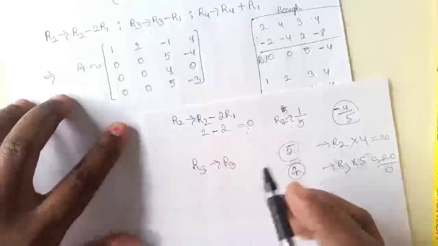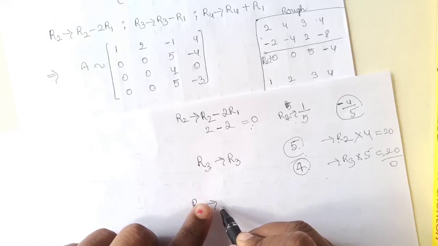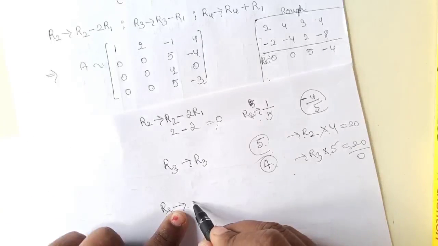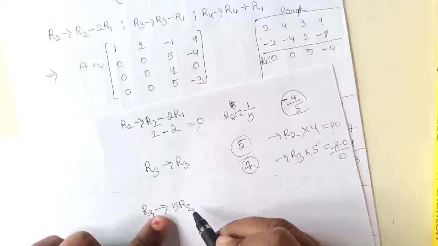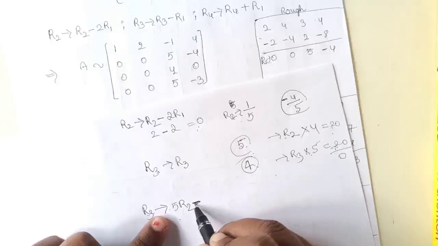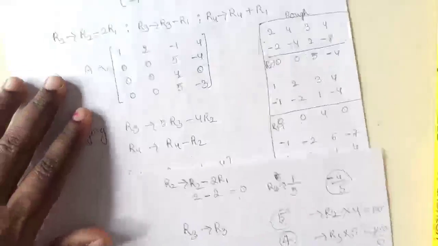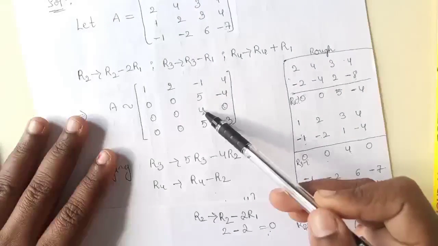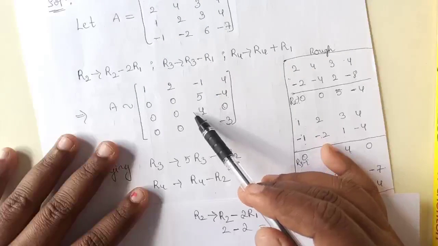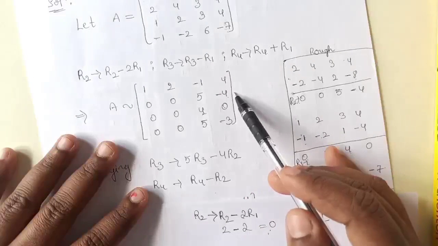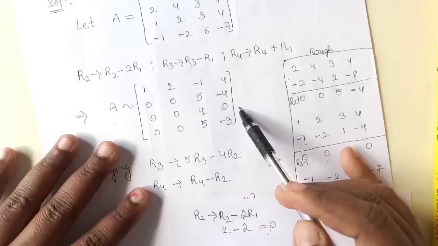Because we are applying the operation for R3, first we write R3 only. So 5 into R3, and because they are of the same sign, we have to subtract 4 into R2. Just remember that we multiply this entry with the opposite row, that is R2, and the first entry with R3.